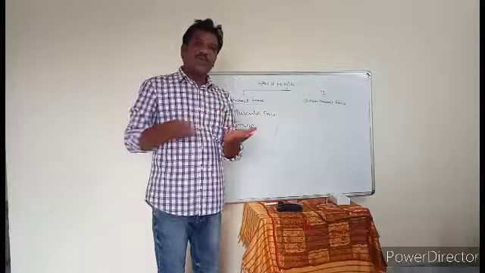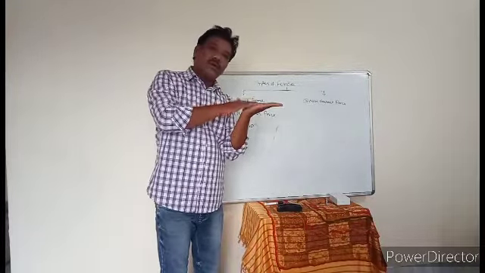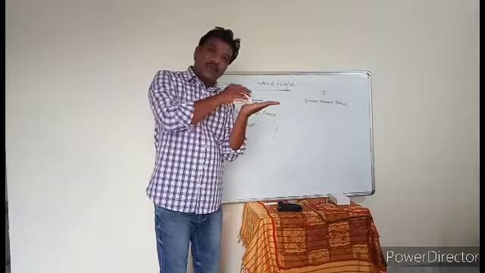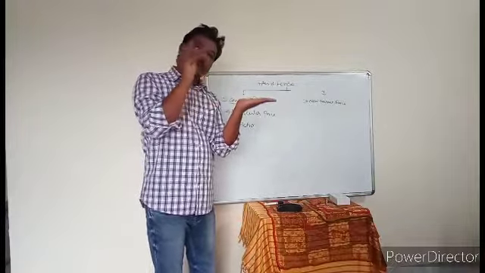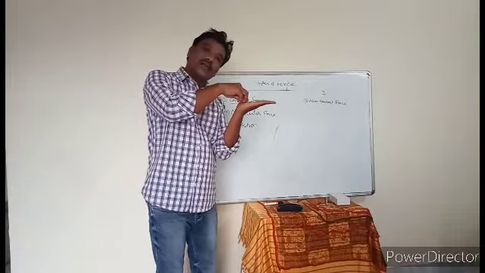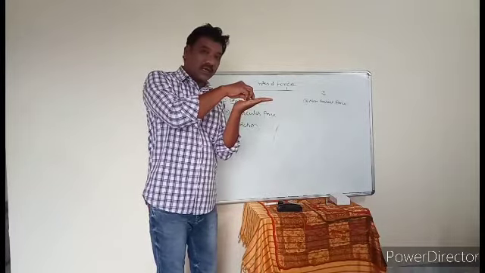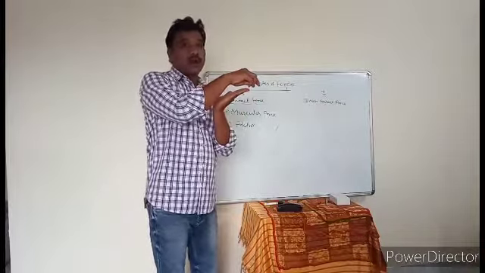For example, when the marble is moving on the floor, this floor applies force on this marble. That means here the marble surface is in contact with this floor surface. At that time, the floor surface is applying force on the marble in the direction opposite to the motion of the object.